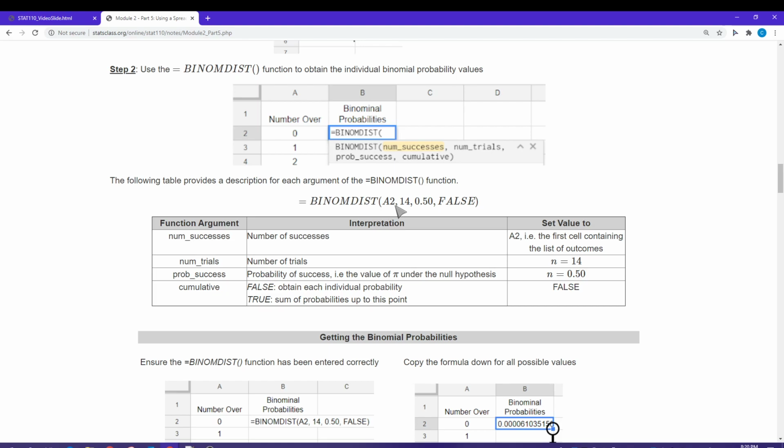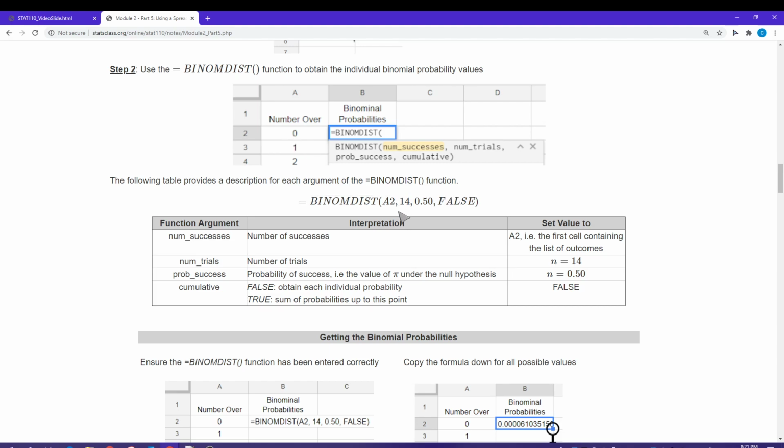BINOM.DIST, A2 just simply refers to the first quantity in my number line. 14 is my sample size, or my n quantity. My 0.50 is the pi value. That's the same thing that goes into the box when I'm using the simulation app. And then the last thing needs to be FALSE. What FALSE is going to do is return the probability for that outcome.